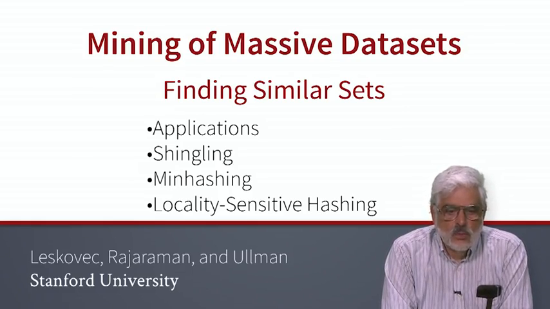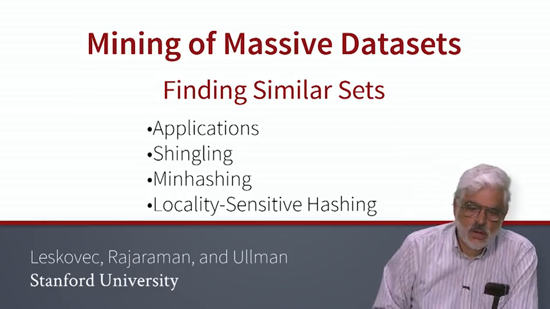Then we learn the remarkable technique called min-hashing, which allows us to replace a large set by a much smaller list of values. The magic of min-hashing is that the similarity of the small lists, called signatures, predicts the similarity of the whole sets. Finally, we take up the locality-sensitive hashing technique itself and see how to find similar sets or similar documents without doing anything that involves searching all pairs.